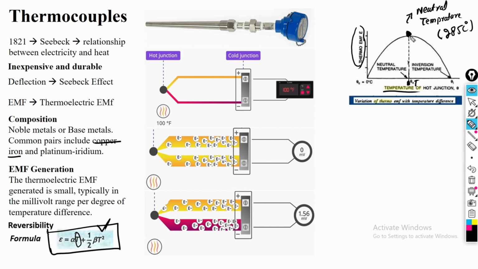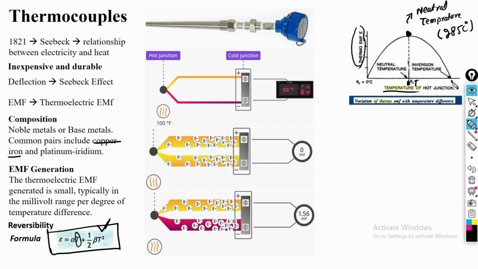Beyond that, if you increase the temperature of the copper-iron pair thermocouple, the thermoelectric EMF will decrease with increasing temperature.